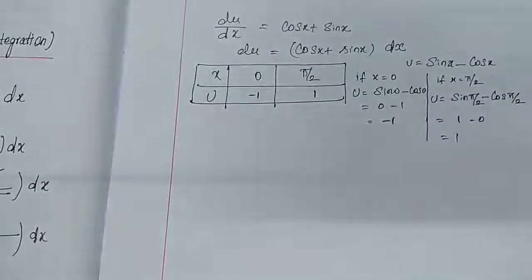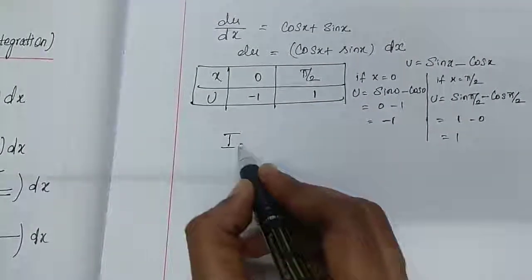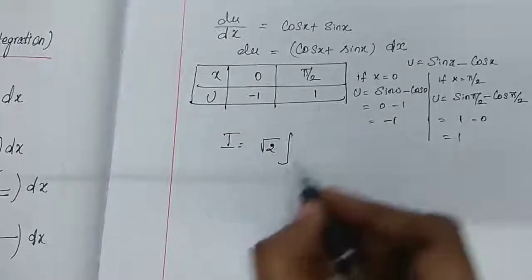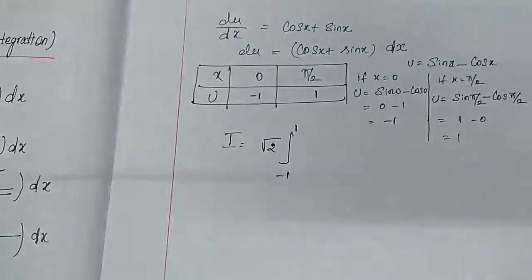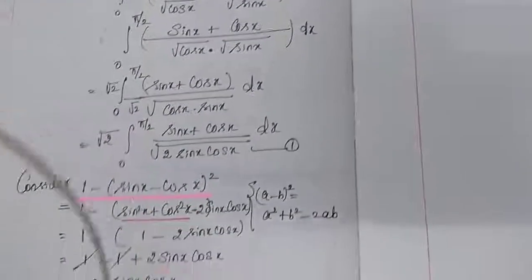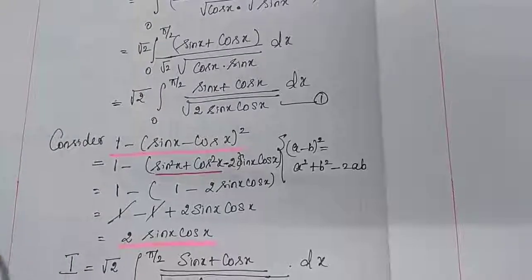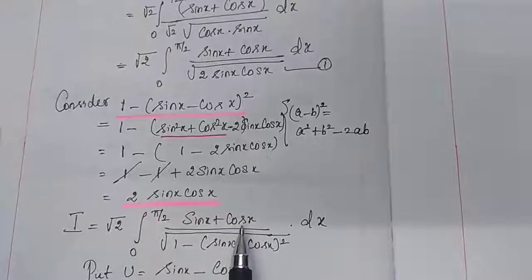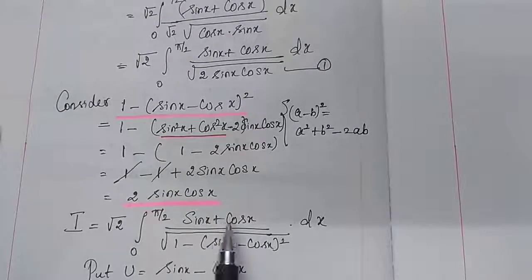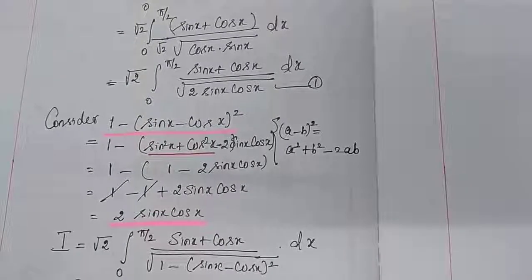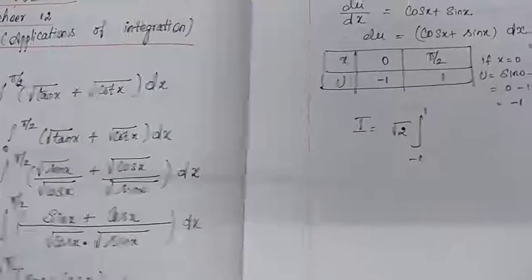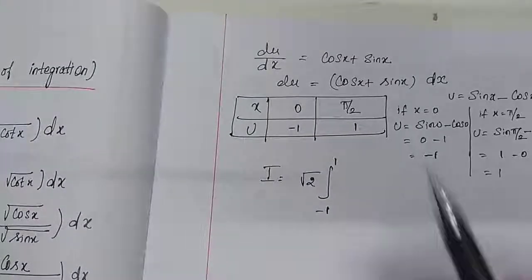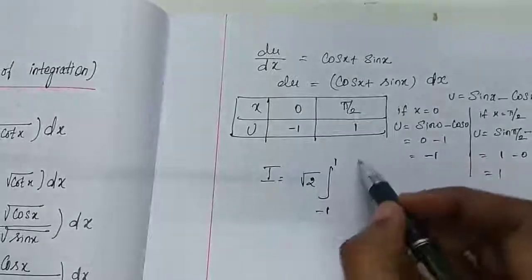Therefore write here 1. Our integral I is equal to root 2, the integral is over minus 1 to 1. For the term sin x plus cos x dx, we substitute just du.